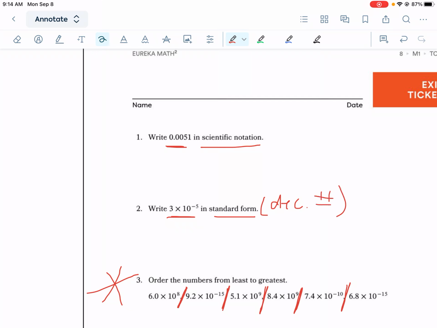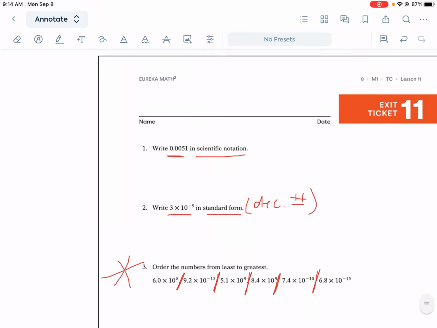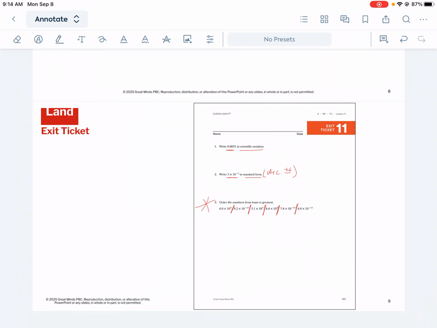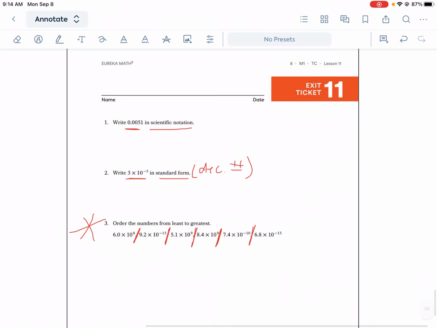So you're just taking it out of scientific notation, back into a decimal number. And then you need to know how to order these from least to greatest. Yet again, pay attention to your exponents, pay attention to your a values. Anytime you're given something or presented with some numbers or a problem where you've been given a formula, rewrite the formula every single time, just so you can have it as a reminder.